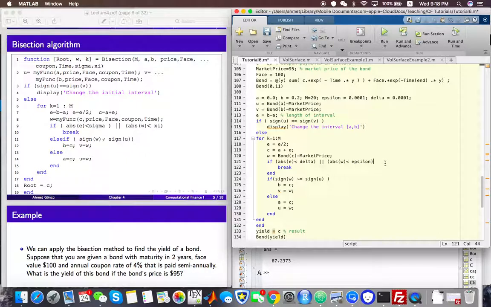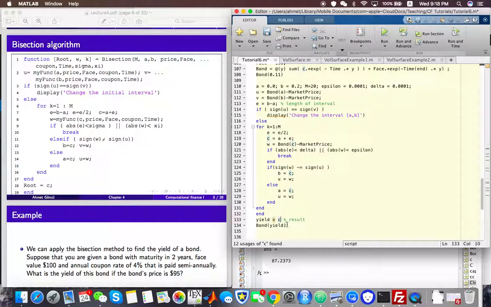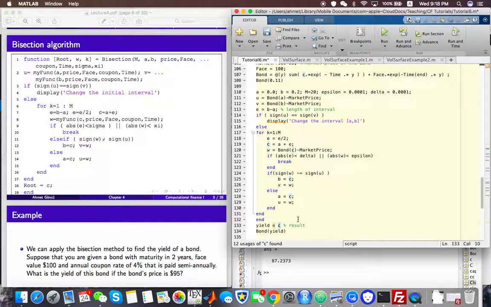That means we can stop and return whatever we get for this value C as the yield from our algorithm. You can run this algorithm and check whether your stopping criteria is satisfied or not. If necessary, you can increase the number of iterations if it is taking longer to satisfy these stopping criteria.